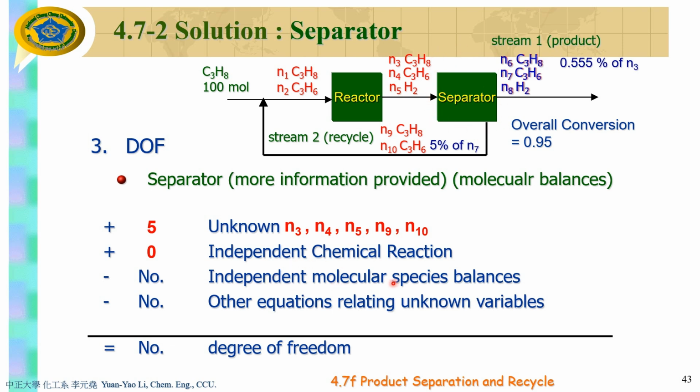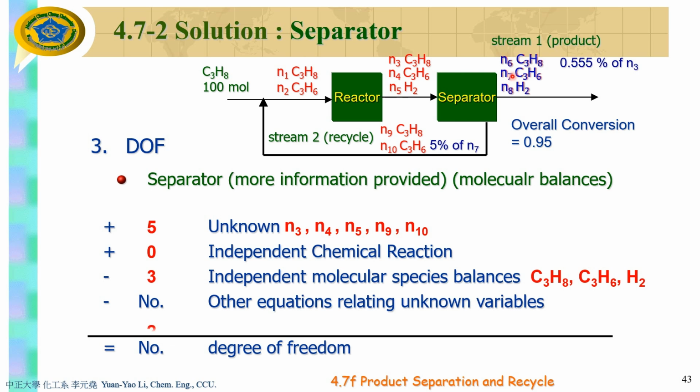Okay, and independent molecular species balance. How many independent molecular species are involved? 3: C3H8, C3H6, and H2. And do they have specifications? Remember that this one is 0.555% of this one, and this one is 5% of this one.